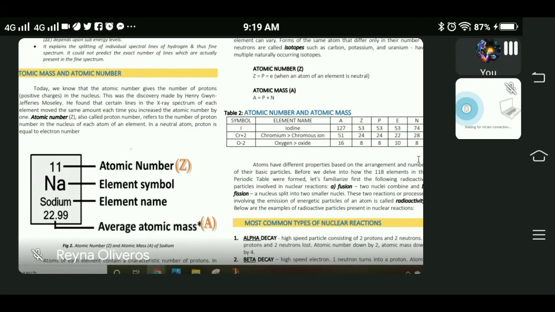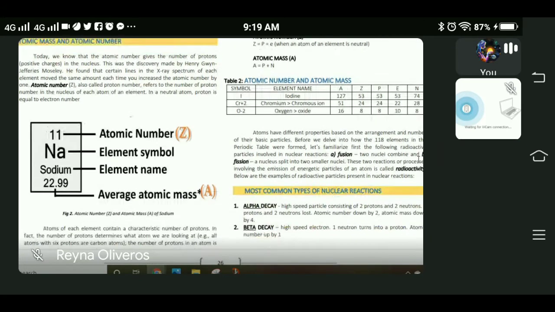So it says here, guys, an atom has different properties based on the arrangement and number of its particles. So before we delve into how the 118 elements in the periodic table were formed, let's familiarize ourselves with the following radioactive particles, because they are involved in what we call nuclear reactions.